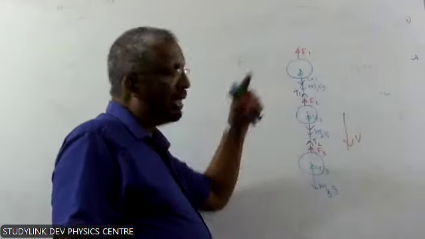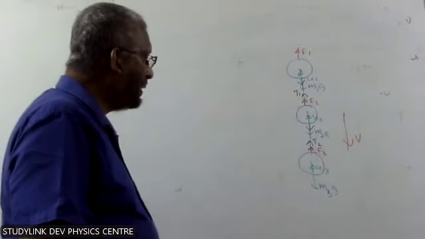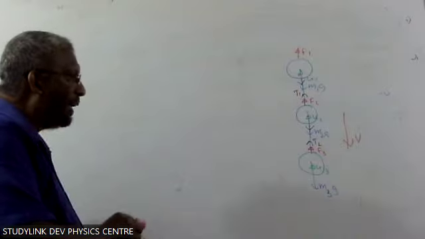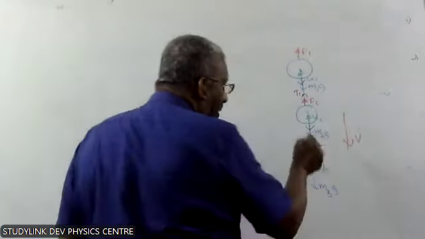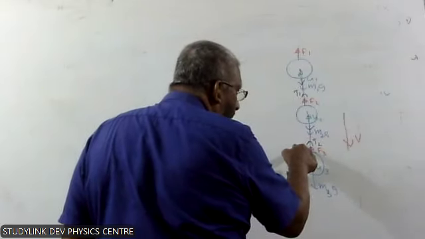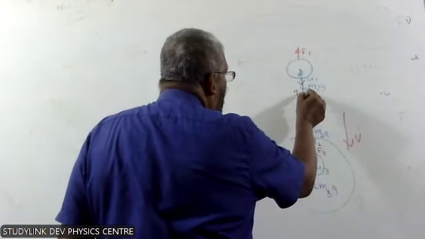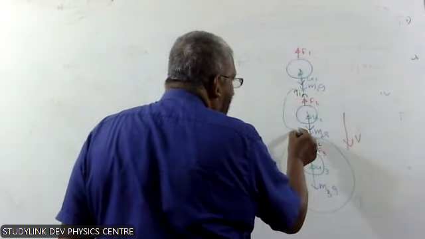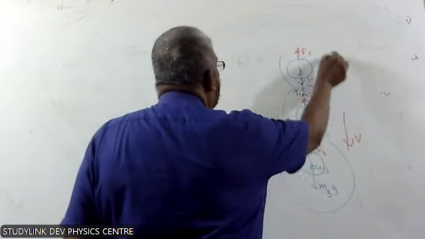All upthrusts are the same. Then according to that, you have to consider. Now you should know how to separate the forces. Right? So this should be separated from here. Here also like this, separated from here. This one is separated like this.